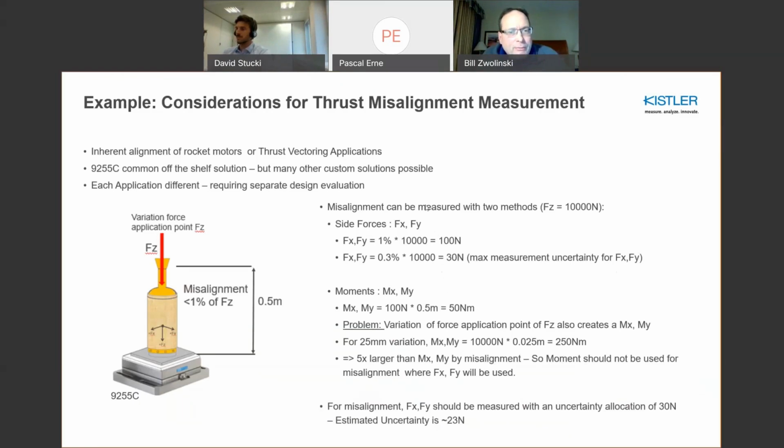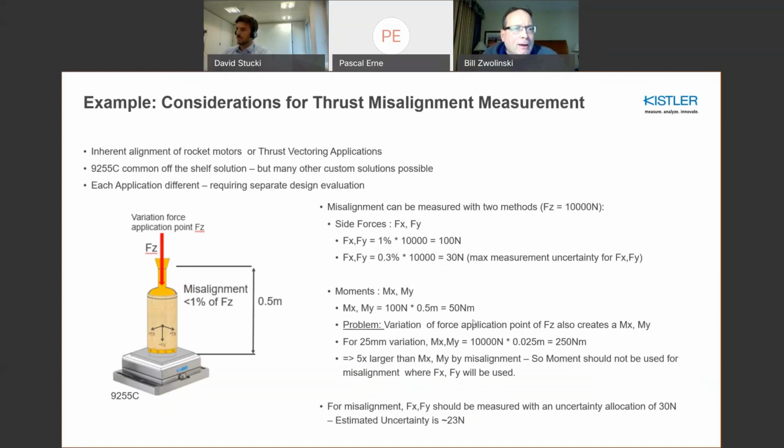And what we determined was measuring the side forces actually results in lower uncertainties associated with measuring misalignment, whereas measuring the moments had a much higher uncertainty associated with it. So at least on this one example, that was our conclusion.